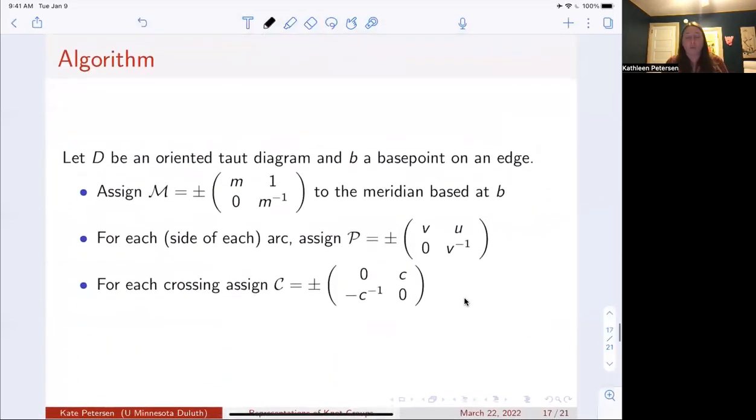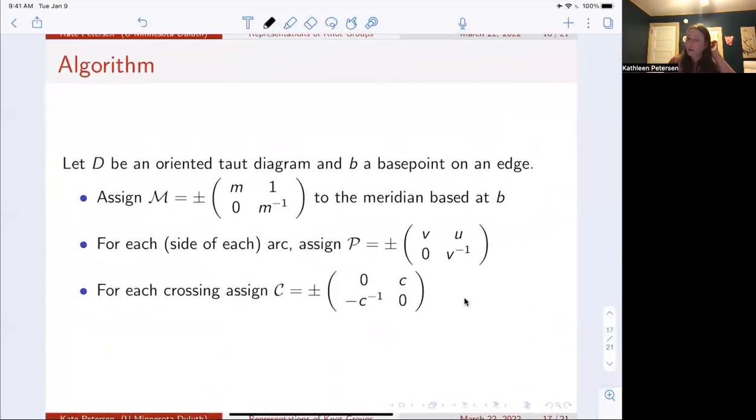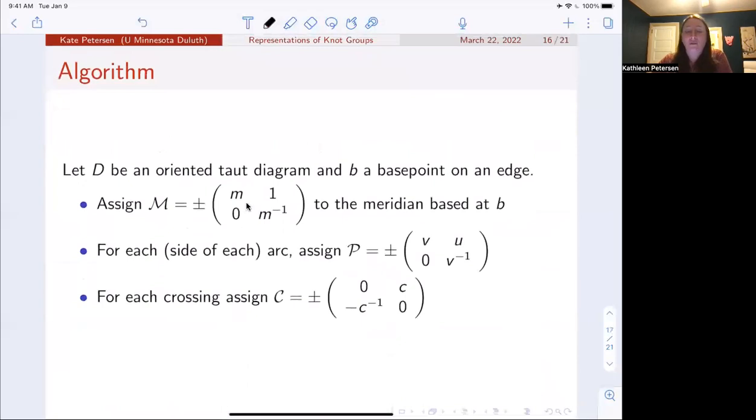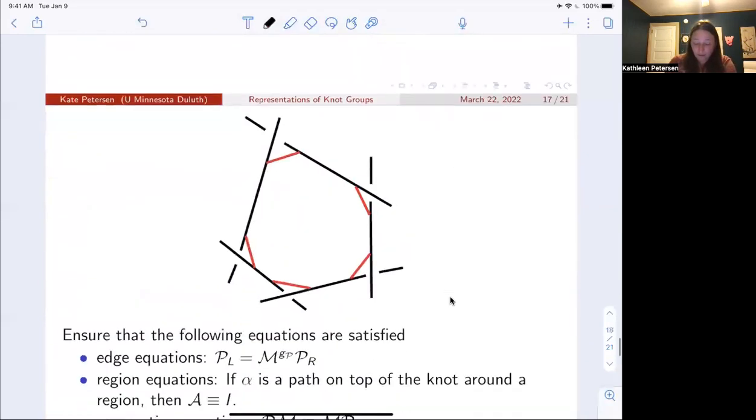Okay, so what do we have? We have an oriented taut diagram with a preferred base point. I pick a matrix for my meridian. For each side of each thickened arc, I assign one of these normalized peripheral matrices. And for each crossing, I assign one of these normalized crossing matrices.